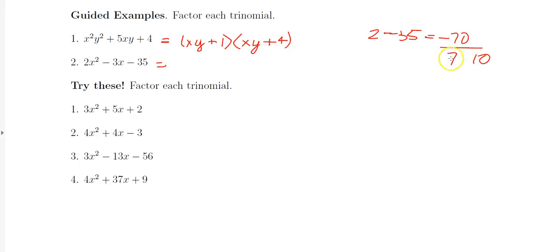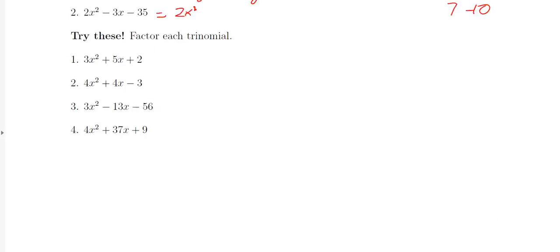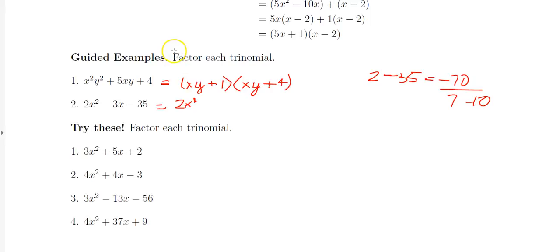And if I take 7 minus 10, I get negative 3. So if we think of this as 2x squared, and the 2 is even, so I'm going to write the minus 10x next to it.